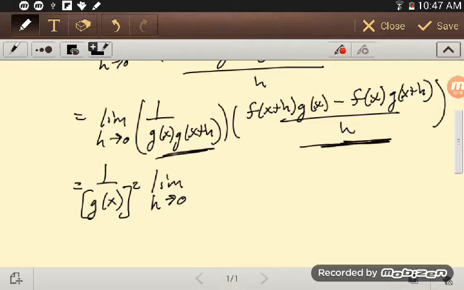Now, for this part over here, I'm going to do essentially the same trick I did with the product rule.